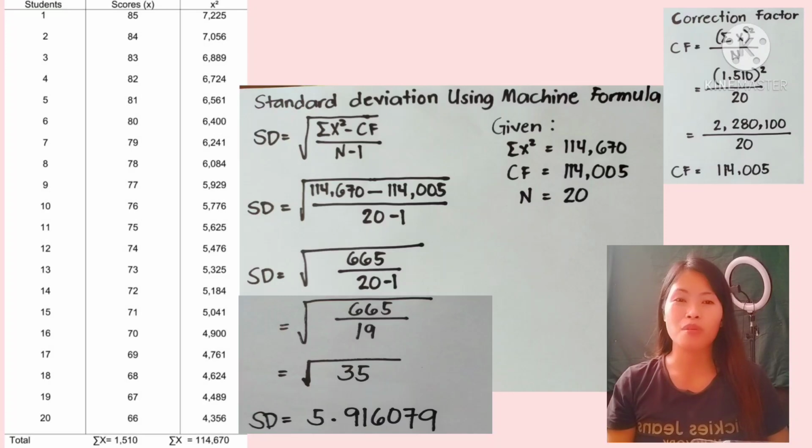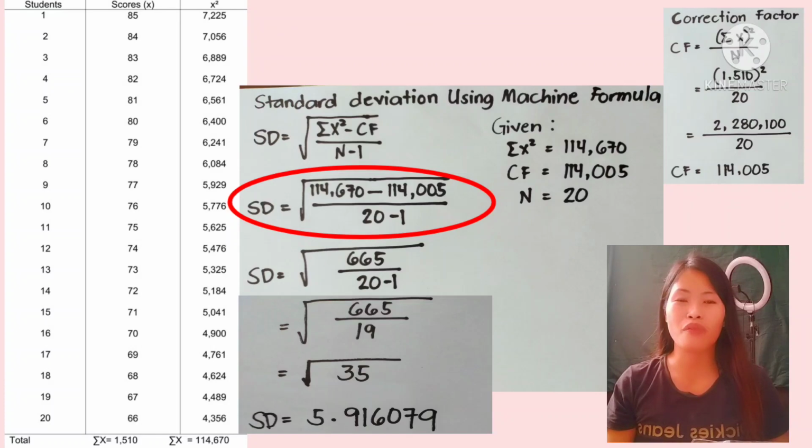Our summation of x squared here is 114,670, our correction factor is 114,005, and our number of cases is 20. So now let's substitute. We have the square root of 114,670 minus 114,005 divided by 20 minus 1.